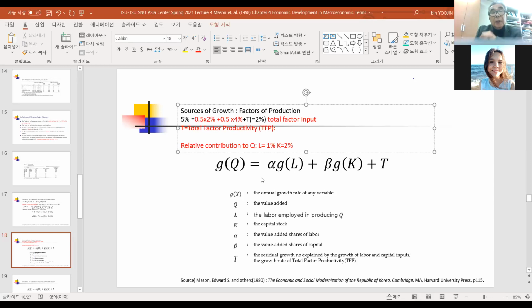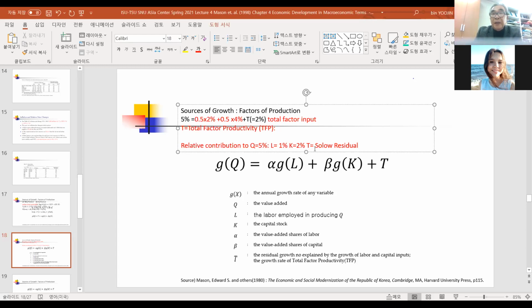In other words, in the Soviet economy, of growth of Q, which is 5%, 1% was attributable to labor input. 2% go back to the original capital input. So what is left over? 2%. So TFP, T, is frequently called the Solow residual, named after Nobel laureate Robert Solow.